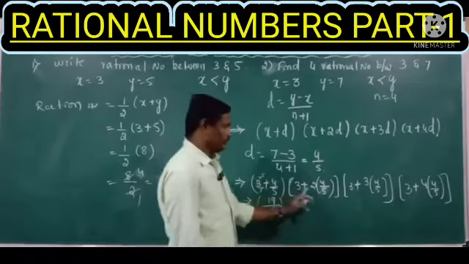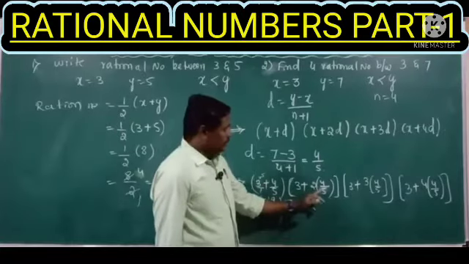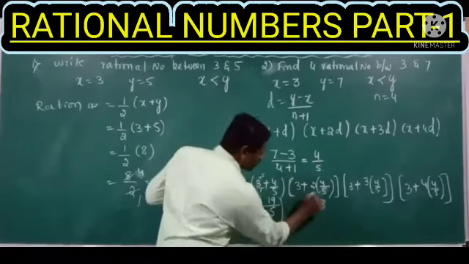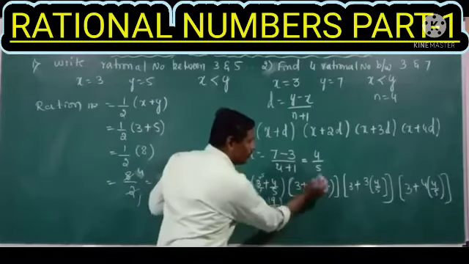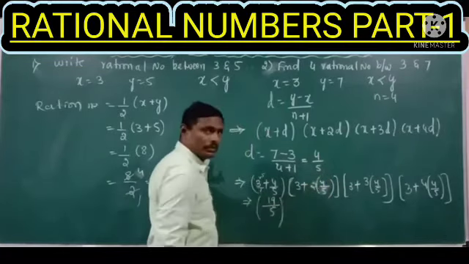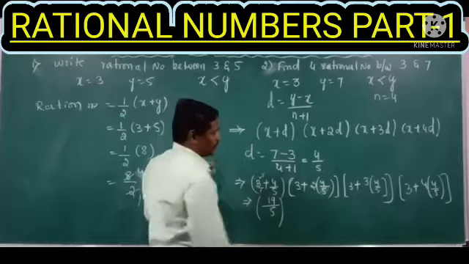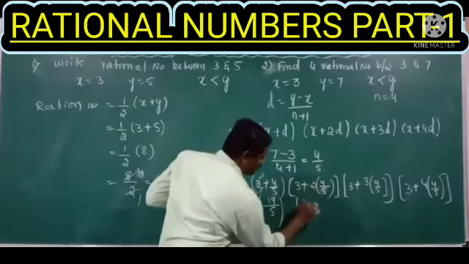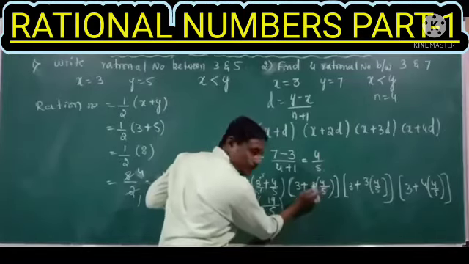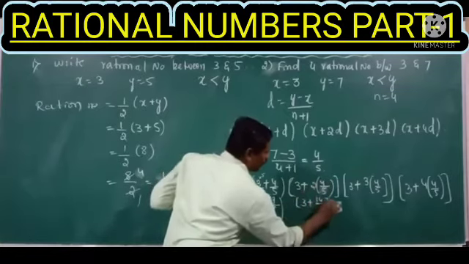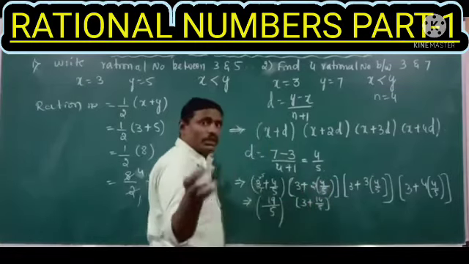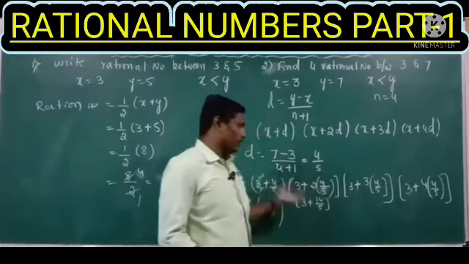Next one. First convert this one to the form of improper fraction. This is the mixed fraction, no? Convert it to improper fraction. 5 2s are 10, 10 plus 4 is 14 by 5. Without converting also we can calculate.